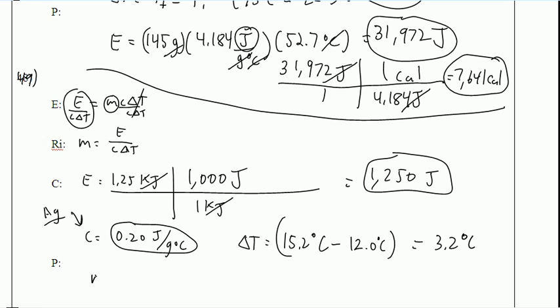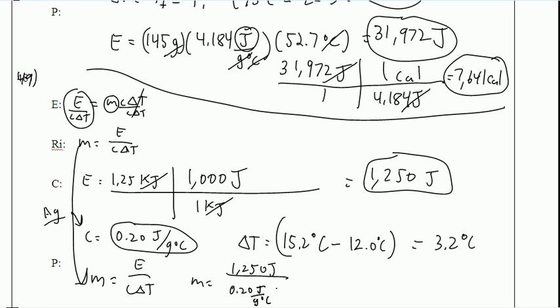Let's go plug it back in to our initial equation. Alright, energy over C delta T came from up there. Mass equals 1,250 joules divided by 0.2 joules per gram degrees Celsius, which is going to be multiplied by 3.2 degrees Celsius.